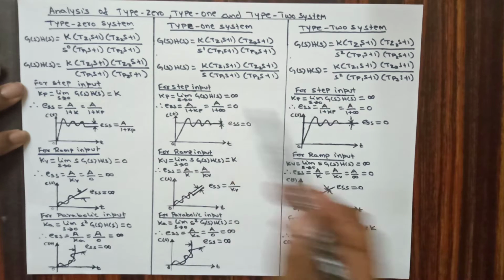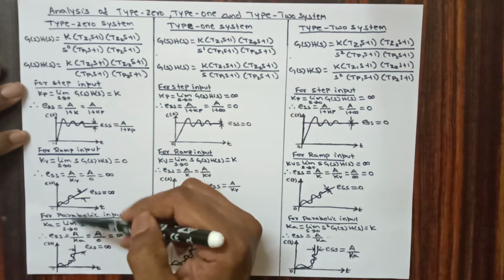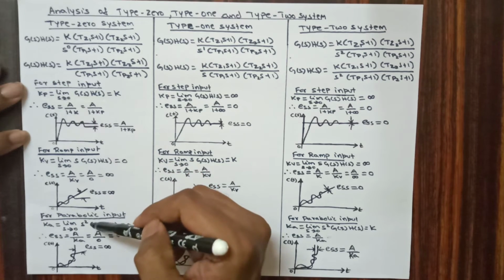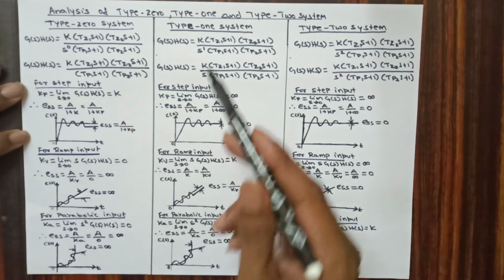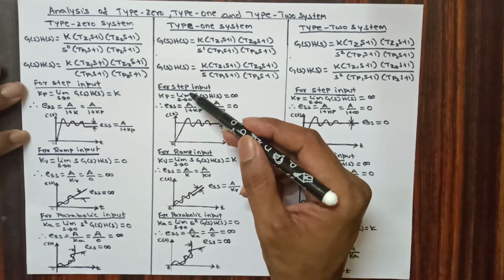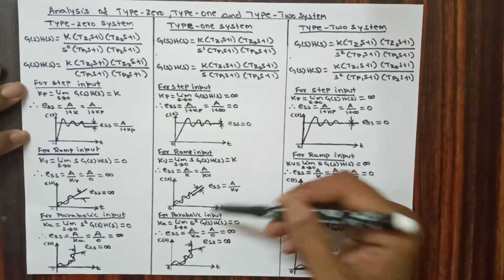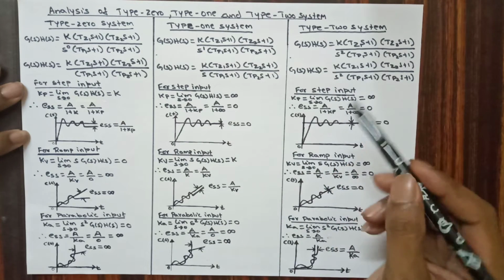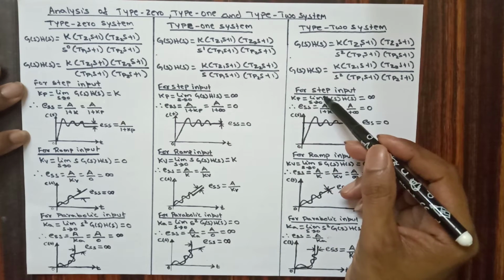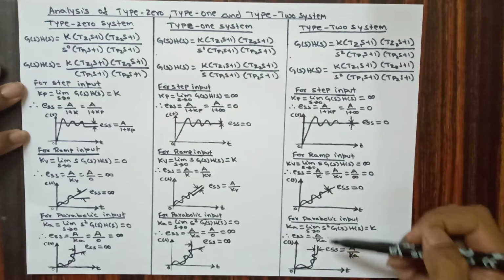In all three conditions, I have taken the standard test signal as an input: step, ramp, parabolic for type 0 system, and even for type 1 system I have considered the standard test input signals step, ramp, parabolic, and for type 2 system also I am considering the standard test signals step, ramp and parabolic.